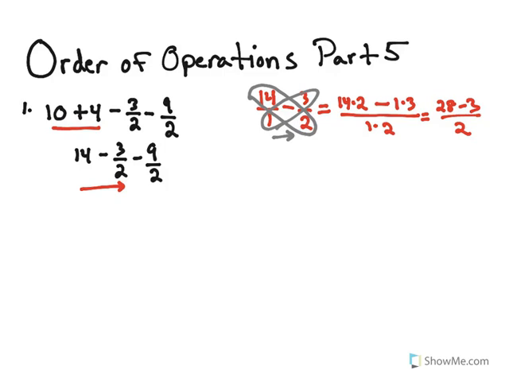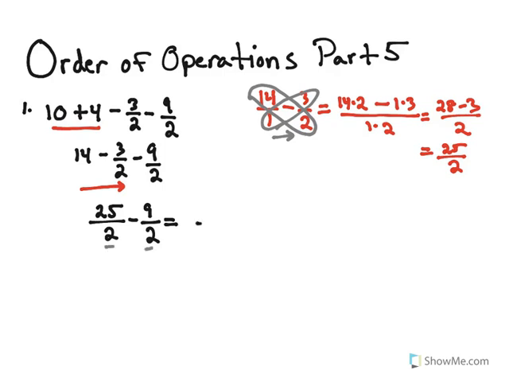So 28 minus 3 is 25 over 2. All right, so we have 25 over 2, take away 9 over 2. And now it just becomes a simple subtraction because the denominators are identical. Can you see that?